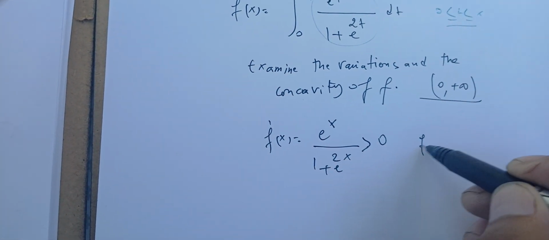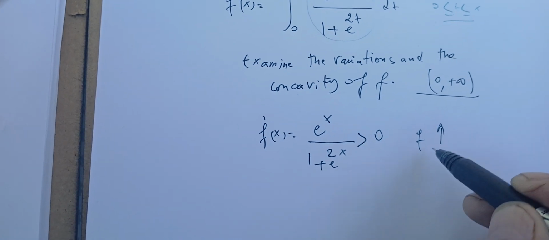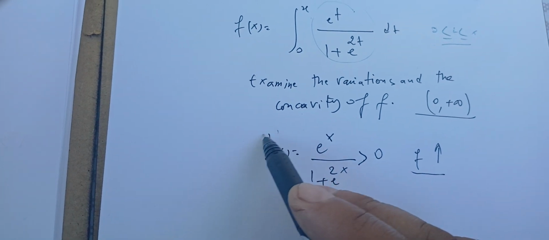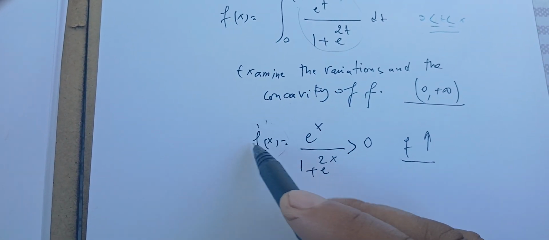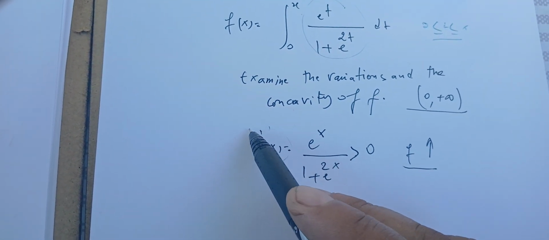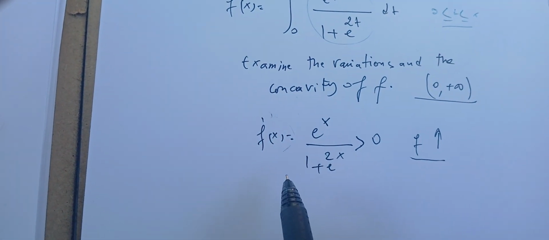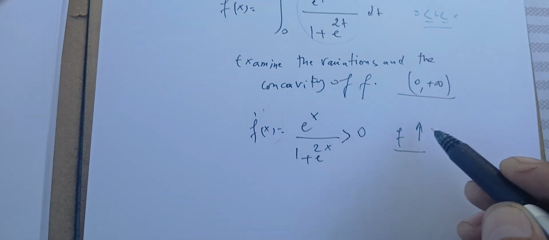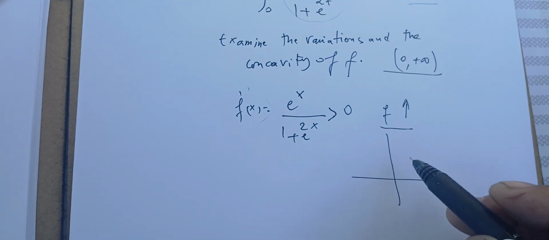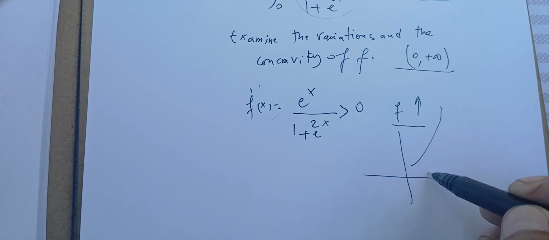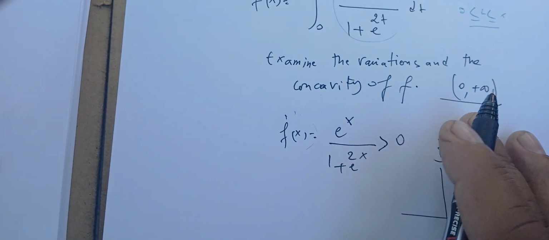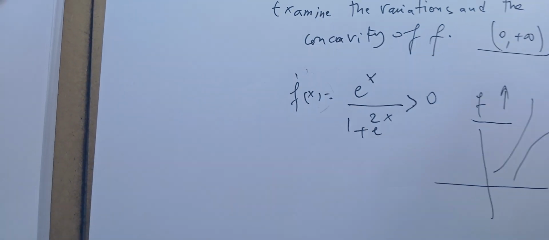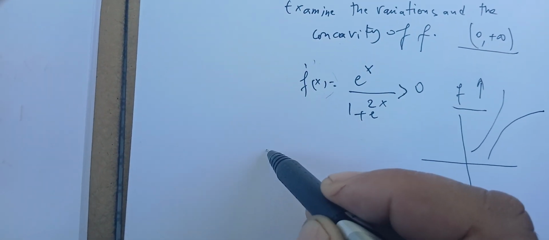And this means that f is increasing, because the derivative is positive. The question we need to ask is, is it increasing in this way or in this way? That means we need to study the concavity of the function. To do so, we have to determine the second derivative.